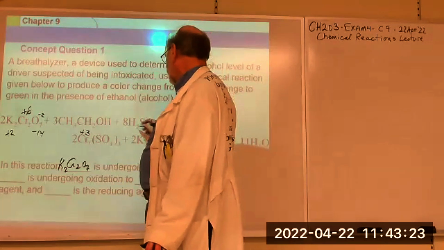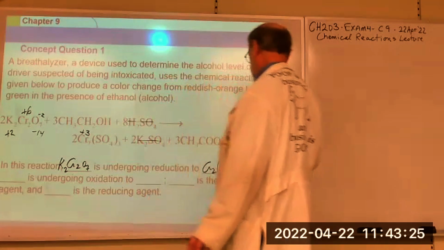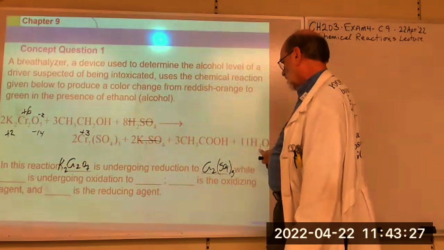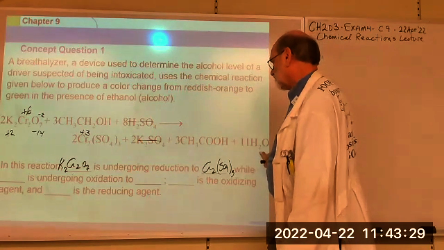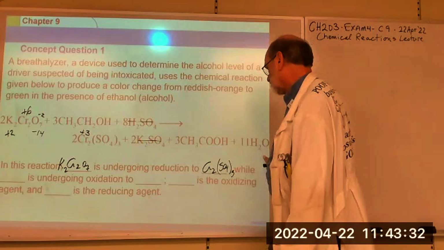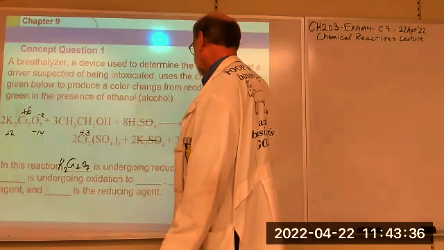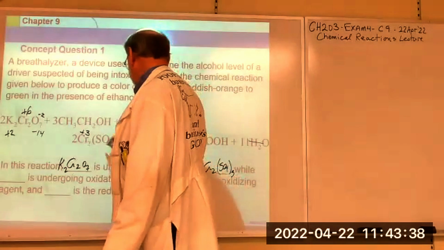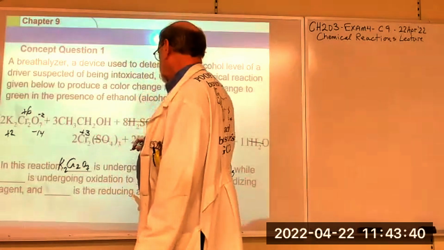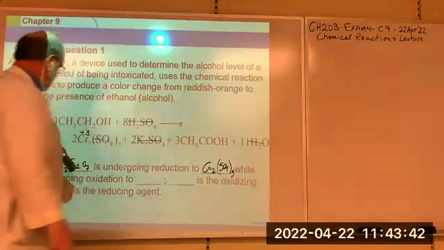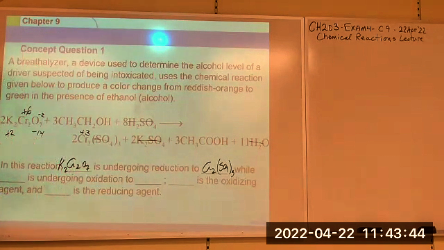So we don't have to consider this one or this one. No, that one neither. Sulfate. Okay, so I'm thinking carbon. So we need to find out what is the oxidation state of carbon.